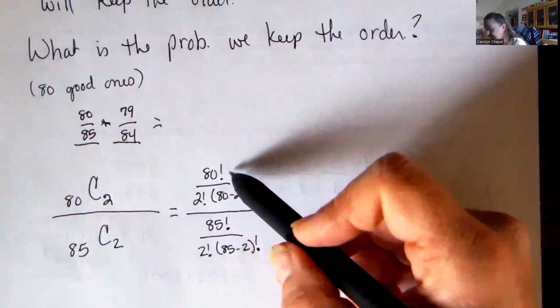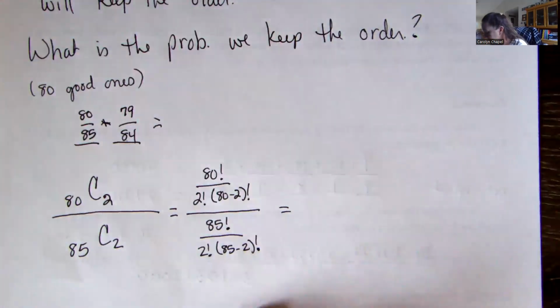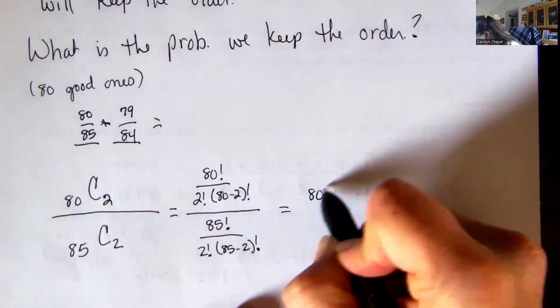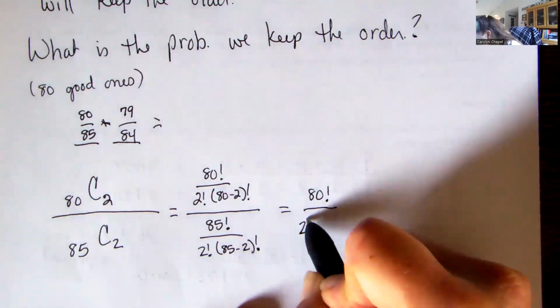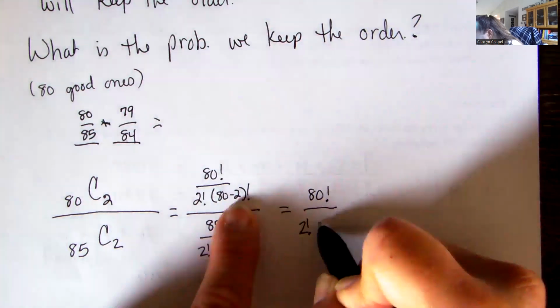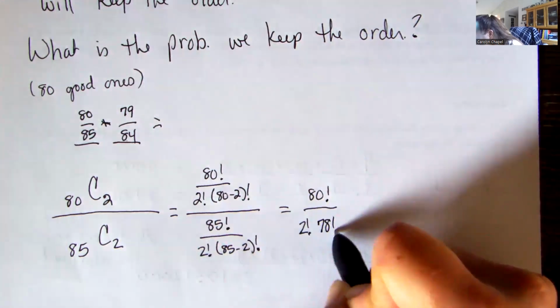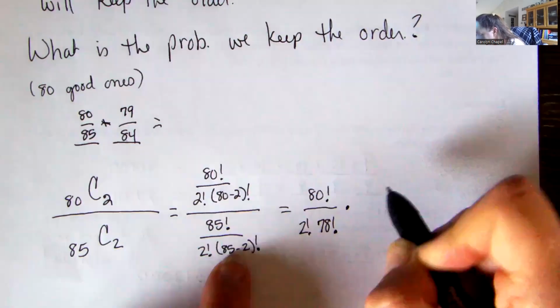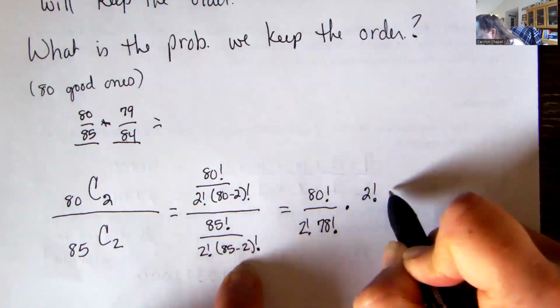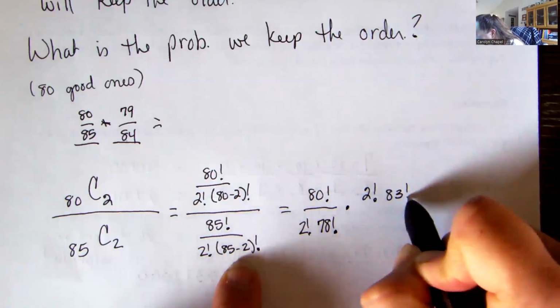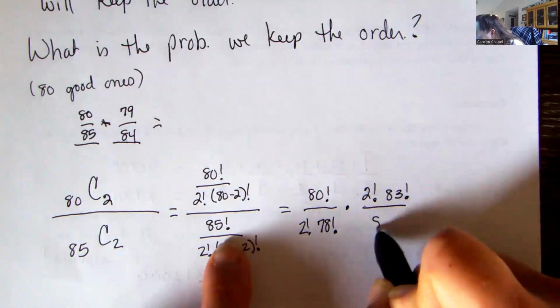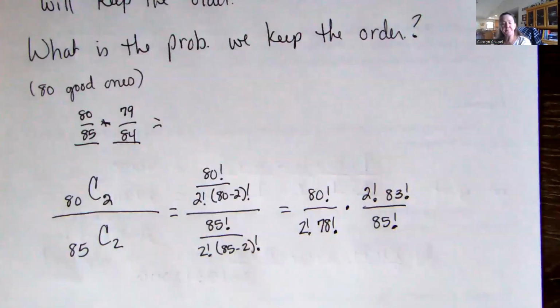When we divide fractions, we flip and multiply. So this is going to give me 80 factorial over 2 factorial, this would be 78 factorial, times flipping this one, 2 factorial would be 83 factorial over 5 factorial.